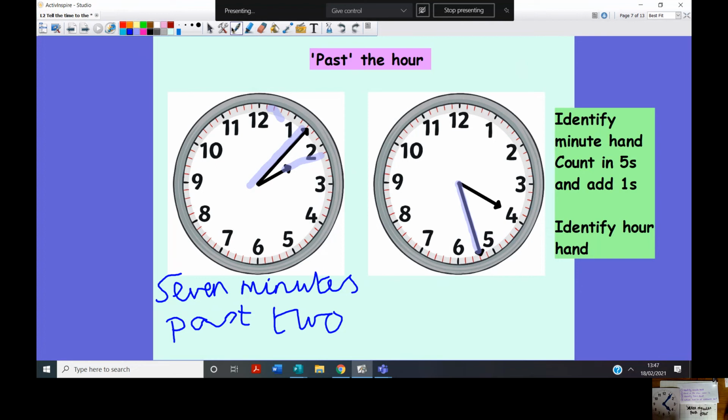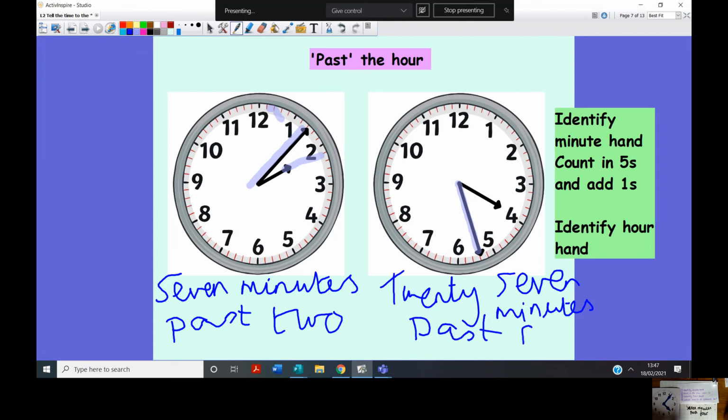So it's 27 minutes. And where is my hour? My hour is here. It's by 4. So it's 27 minutes past 4. I really need to find my pen where I can write on my screen.